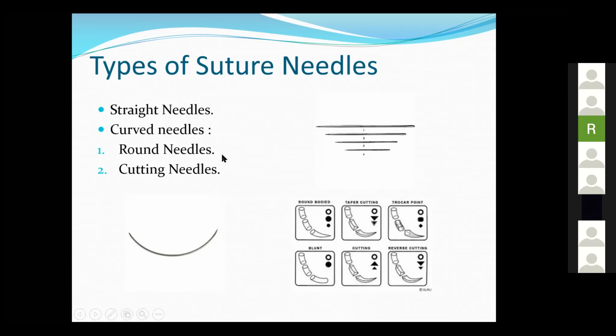When we are going through the skin, if you try to put a round needle through the skin, you will be really struggling every time. So for skin, we need cutting needles. And when we are going through something like gut, we do not want the cutting needles, we want the round bodied needles. So we use round needles. So we select our needles according to what we are suturing.